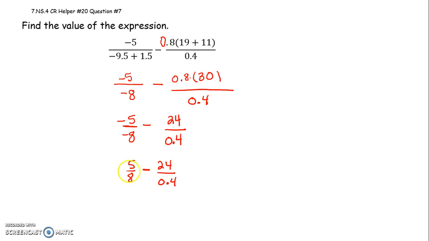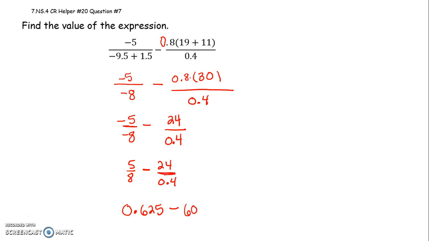Now I'm going to do this division. This is 5 divided by 8. Use your calculator. 5 divided by 8 is 0.625 minus 24 divided by 0.4. 24 divided by 0.4 is 60.